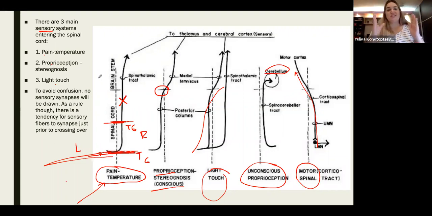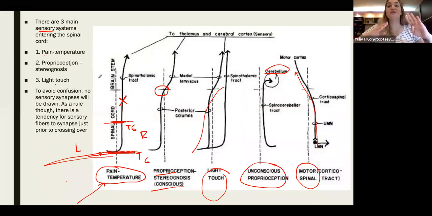So let's do this again so you get it, guys. Tracts do not stay on the same side, right? The sensory neurons, when they go into the spinal cord, they never stay on the same side. They always cross. And in neuroanatomy, it's very important to know where they cross. We'll talk about it later, but for now, I just want you to understand that the crossing actually happens.